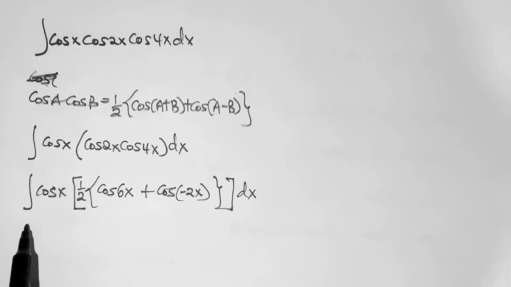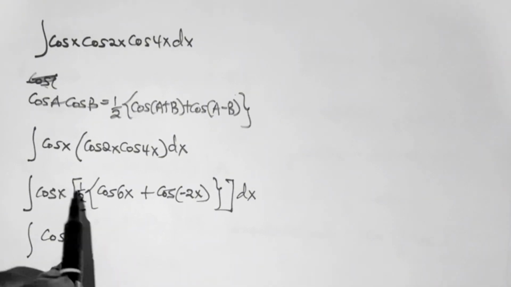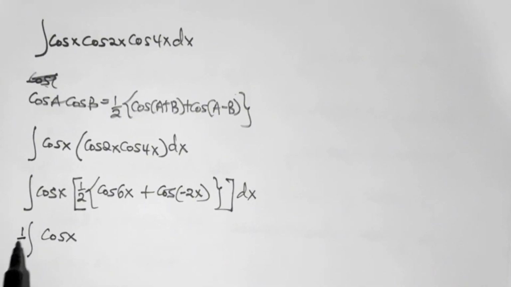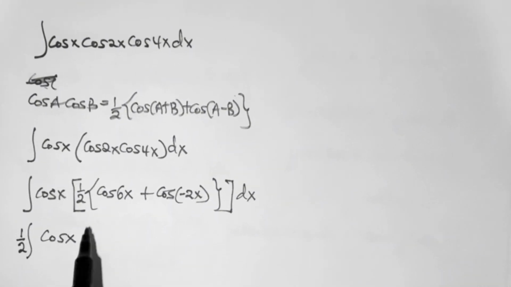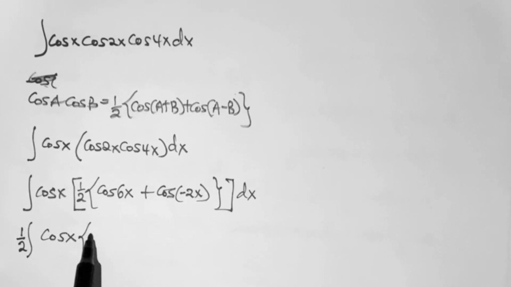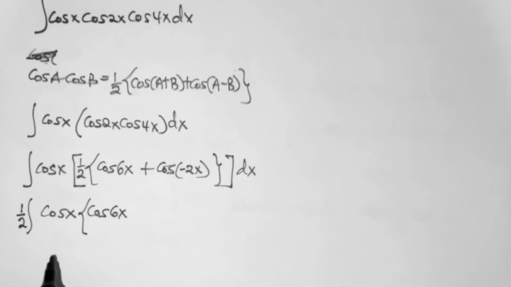Now this becomes the integral of cos x, but I want to bring out the 1 over 2 because it is a constant. Now here is cos 6x, and cos is an even function.